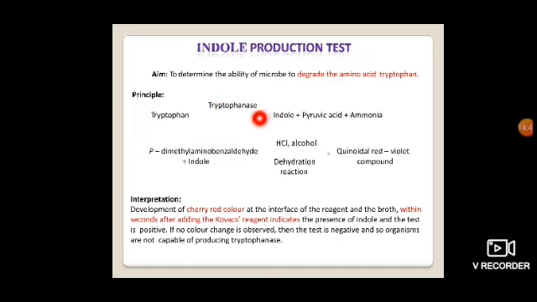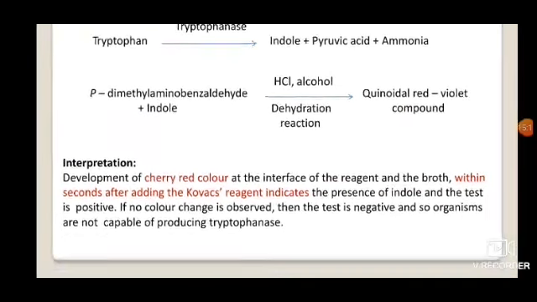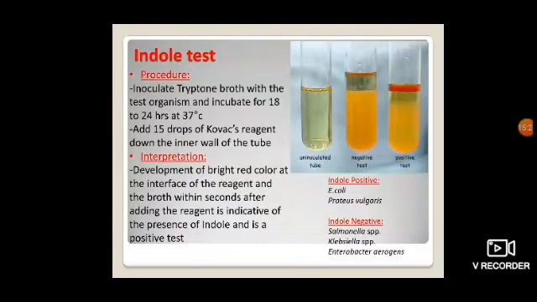In the presence of tryptophanase, there is a formation of indole, then pyruvic acid and ammonia, and finally there is a formation of a quinoidal red violet compound, which can be observed in the next slide. The interpretation is the development of a cherry red color. Here we can observe the ring of cherry red color.